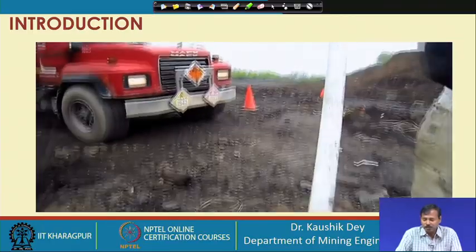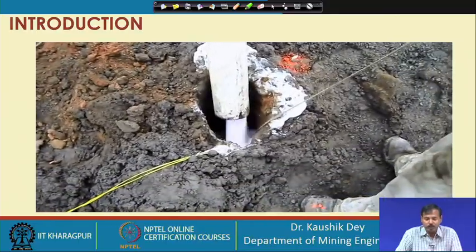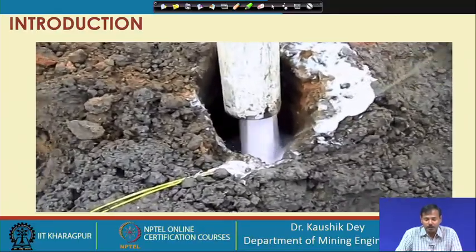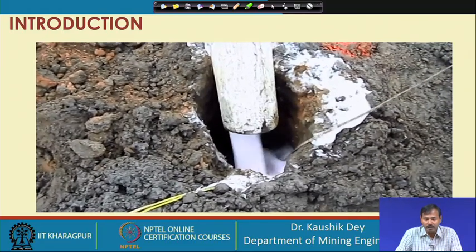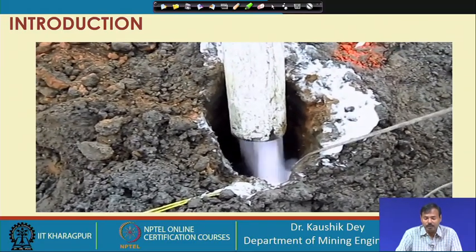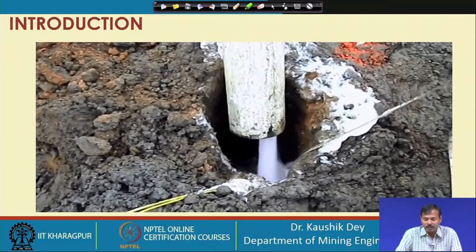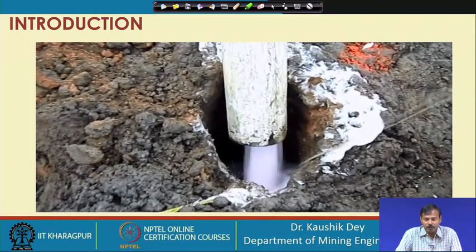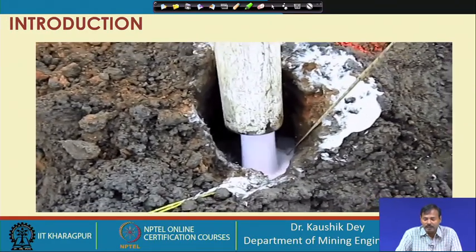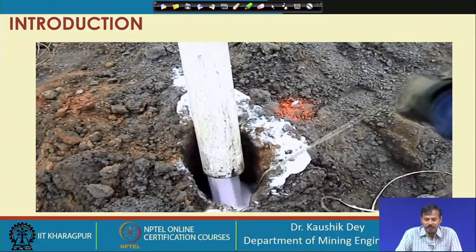You can see that instead of cartridge explosive, we can use bulk loading explosive. This is ammonium nitrate fuel oil, ANFO. Prilled ANFO is being pumped inside the hole. This is bulk loading explosive. This tape is measuring the length of the charge.